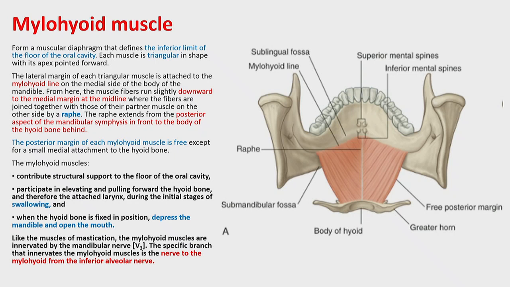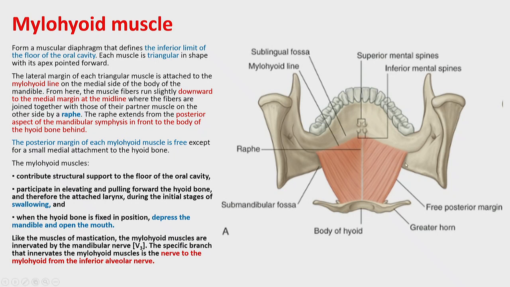And as you see, the posterior margin of the mylohyoid, here and here, is free. That's why through this posterior margin, there is a communication from the outside to the inside of the oral cavity. And this is the main source of the spread of infection from the oral cavity to the outside, or from the outside to the oral cavity.